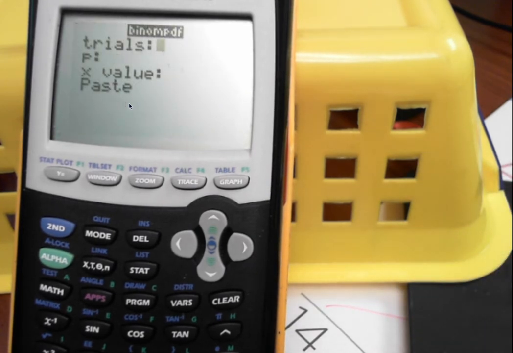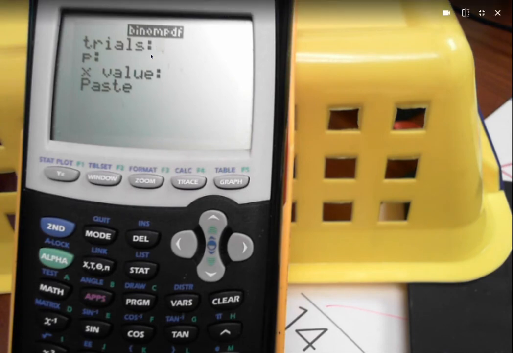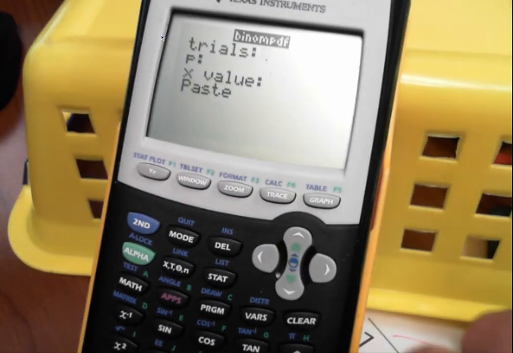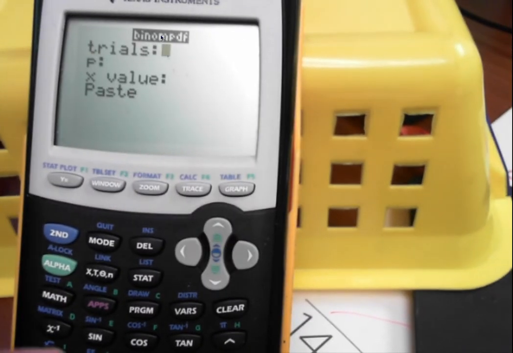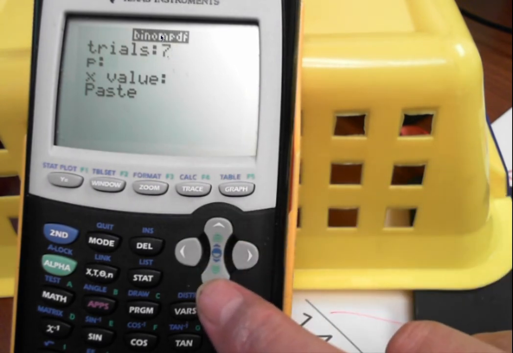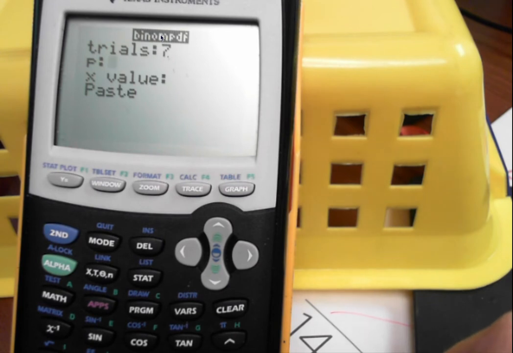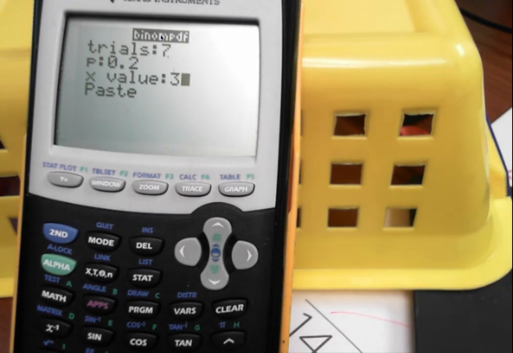Hit enter, and it says the number of trials. And if you look, the number of trials for us was 7. It says the p-value, the probability, and it said 0.2. And the x value equals 3. So everything's in here. They gave us all this.